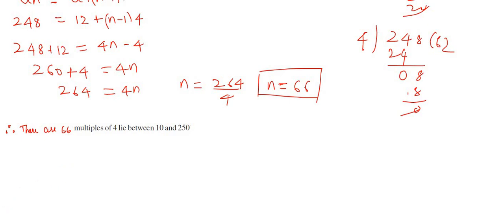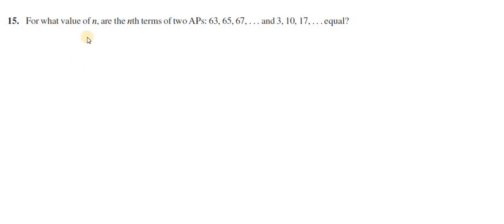Okay, dear students, here they asked: for what value of n are the nth terms of two APs equal? 63, 65, 67 is one AP and 3, 10, 17 is the other AP.